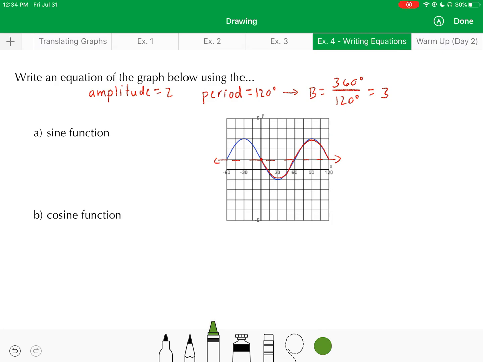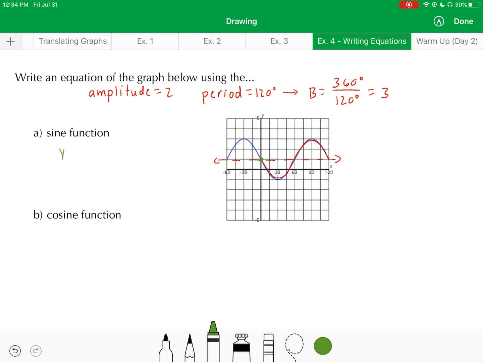So for this particular curve, I could choose this point right here at 0, 1 to start my cycle, okay? And if I choose that point, I don't have to account for any horizontal shift taking place, since the x value of that is still 0.